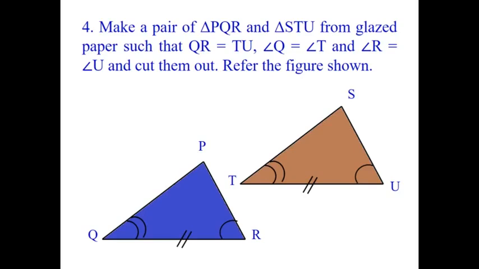Next, make a pair of triangle PQR and triangle STU from glazed paper such that QR is equal to TU, angle Q is equal to angle T and angle R is equal to angle U, and cut them out. Refer the figure shown.